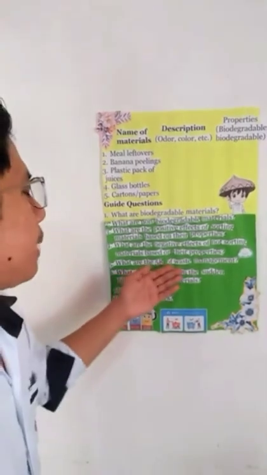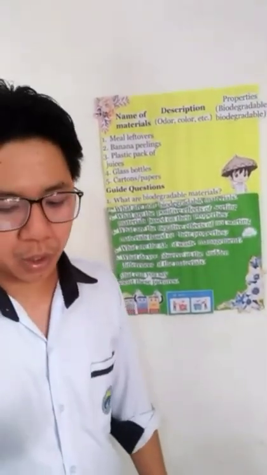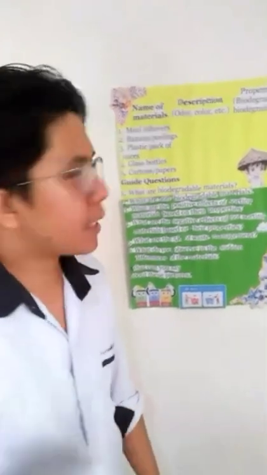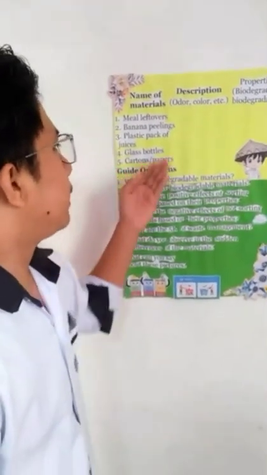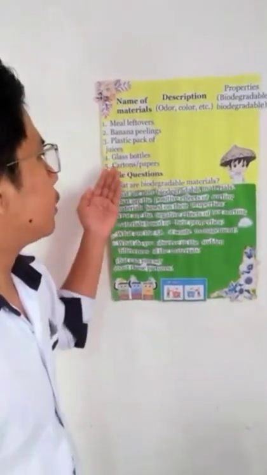What are the 5 R's of waste management? To reduce: to limit the amount of material you use. To reuse: to use an item again, like plastic pack of juices and glass bottles, which may be used again.